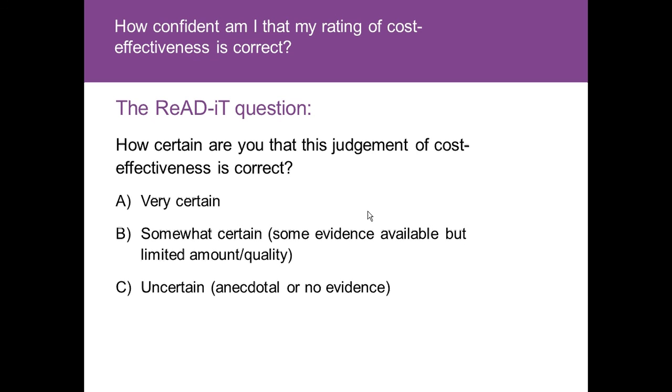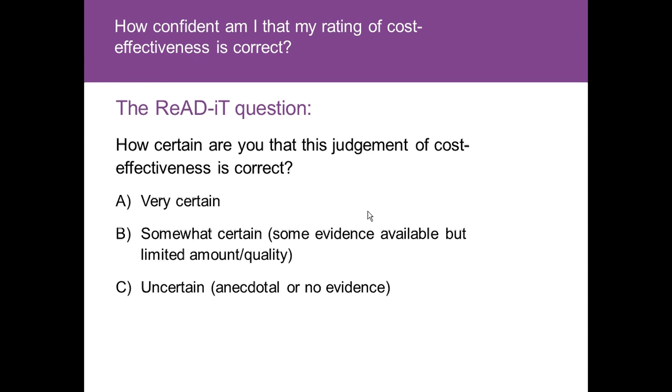So, when answering the question in the Resource Allocation Decision Tool, you are being asked again for a judgment call on the cost effectiveness of your intervention and your certainty in that estimate of cost effectiveness. Being very certain means that you are quite confident that the effects are true and well supported by well conducted economic evaluations.